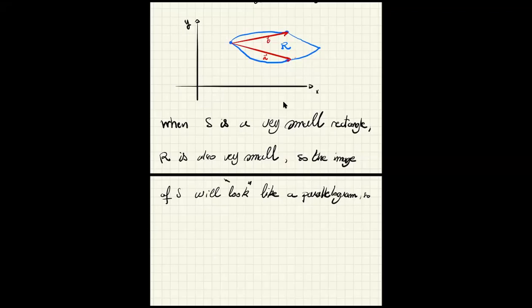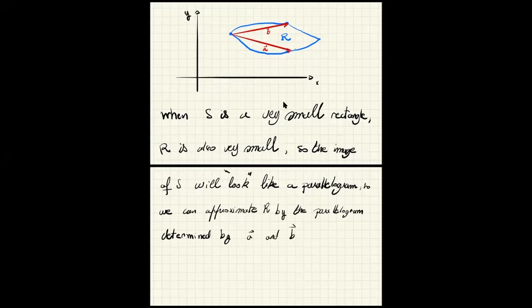So we can approximate R by the parallelogram determined by A and B. But you will ask me, what is A and B?